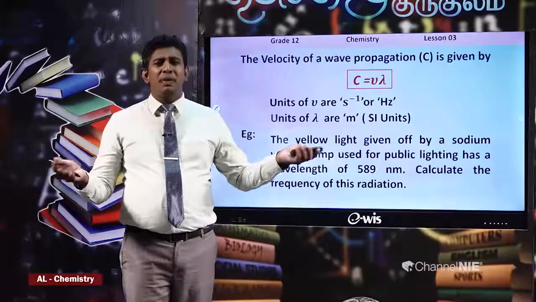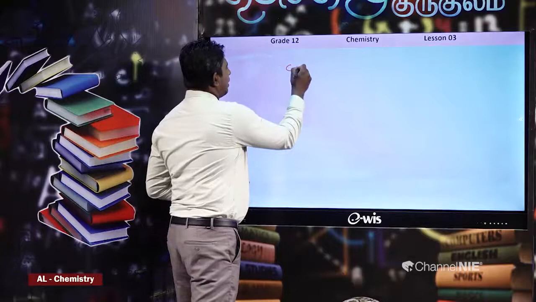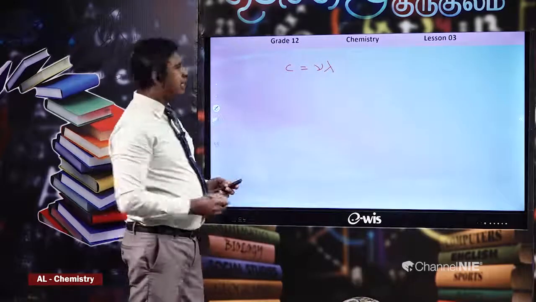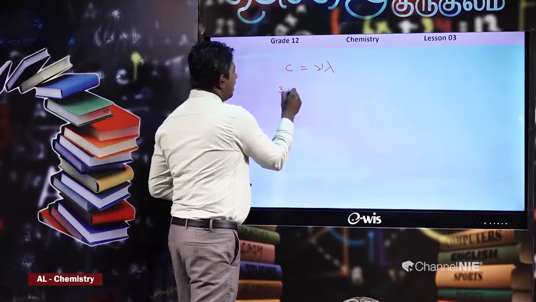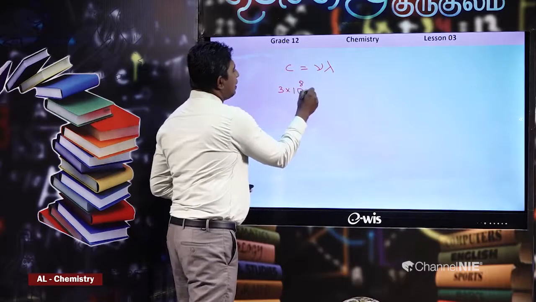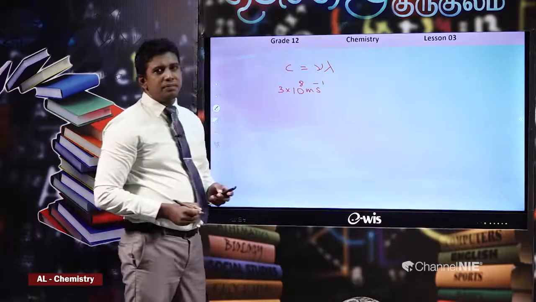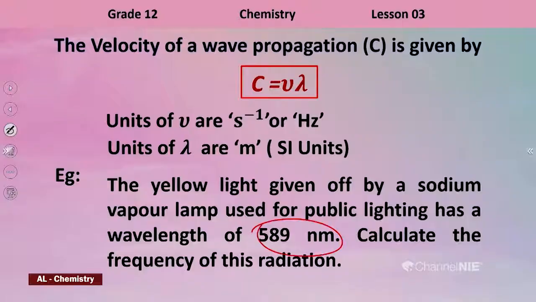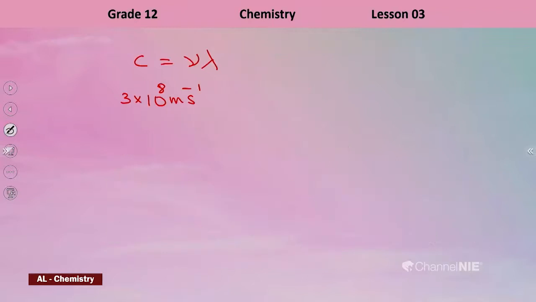How could we find that out? Students, we know this equation, C equals nu lambda. C is the speed, 3 into 10 to the power 8 meters per second. Lambda is wavelength.